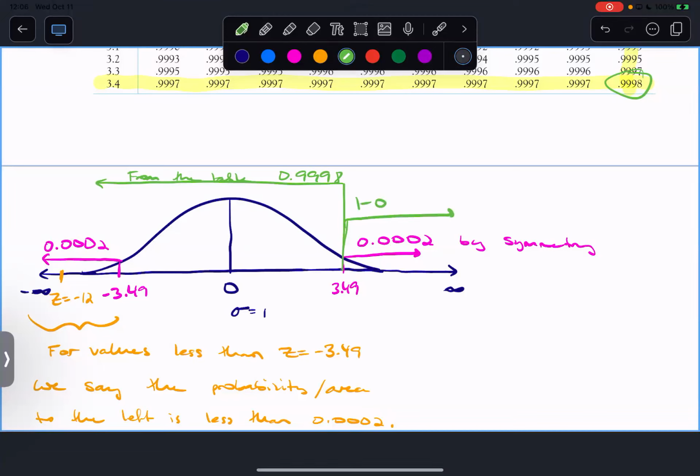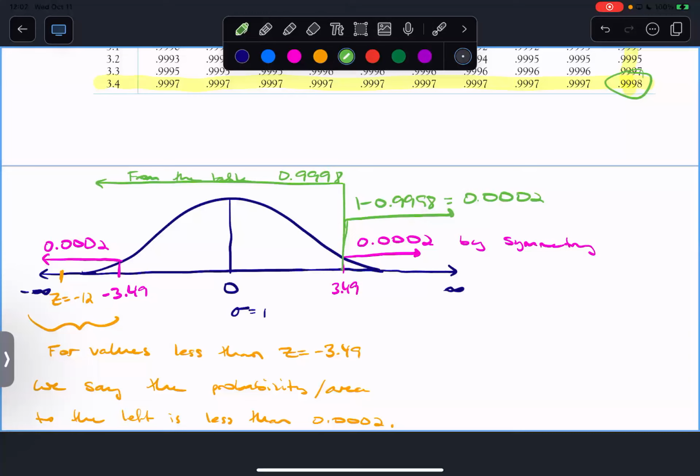This must be 1 minus 0.9998, which is 0.0002. Which is the same. However you got there is great. Just recognizing that you can break up the area under the curve into puzzle pieces that you want.